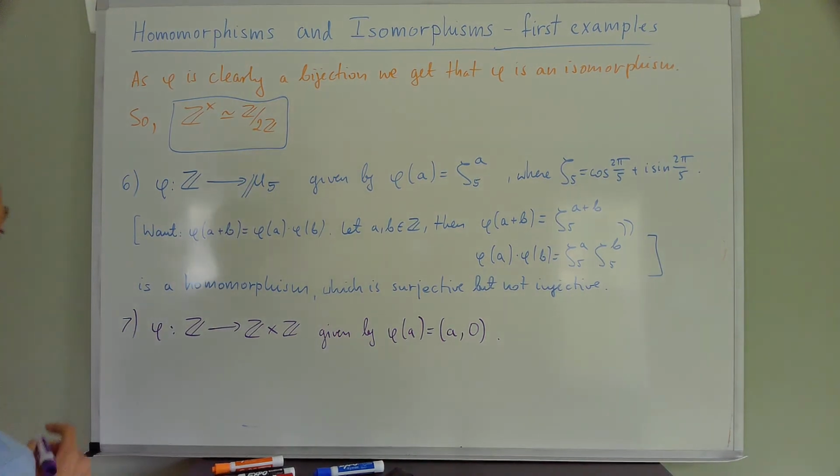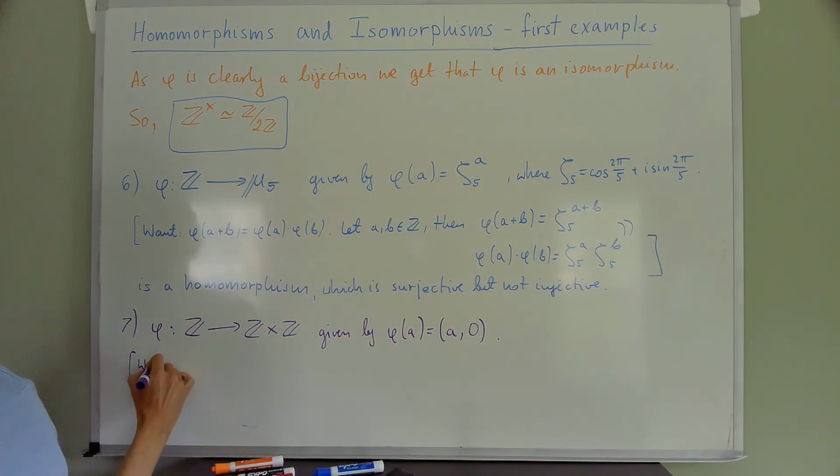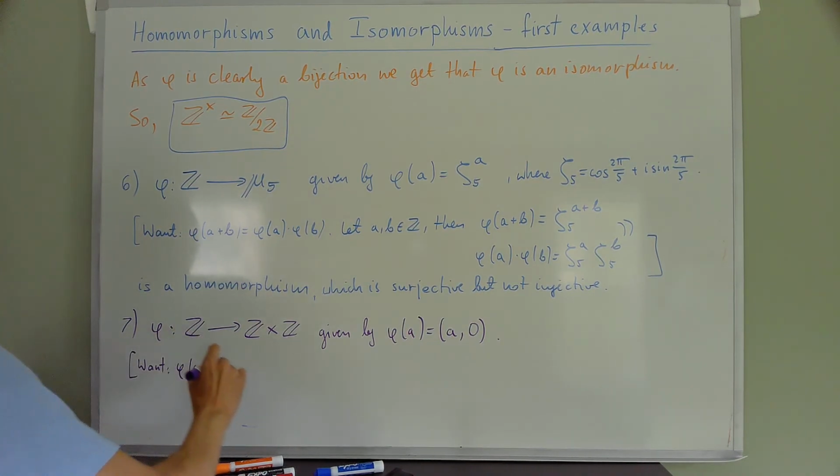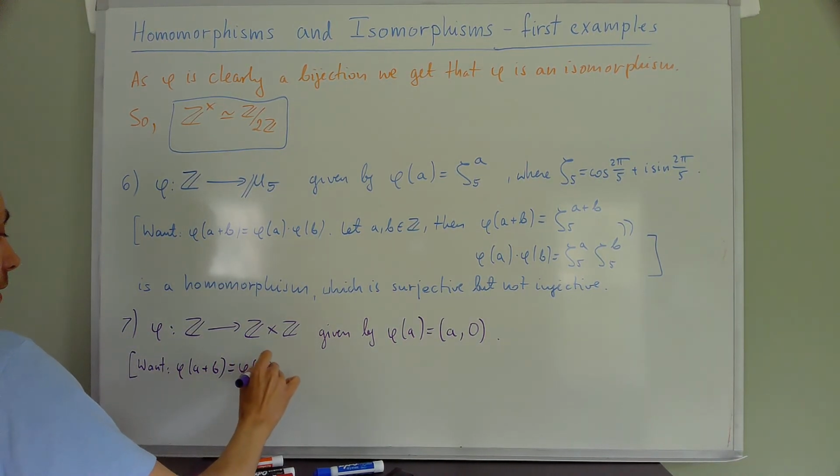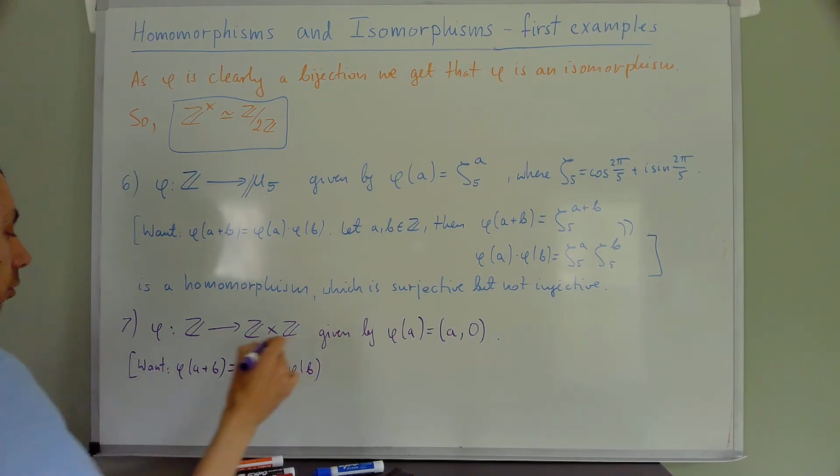So is this a homomorphism? Let's see. What do I want? I want phi of A plus B to be phi of A plus phi of B. But remember, this is a coordinate-wise addition here.